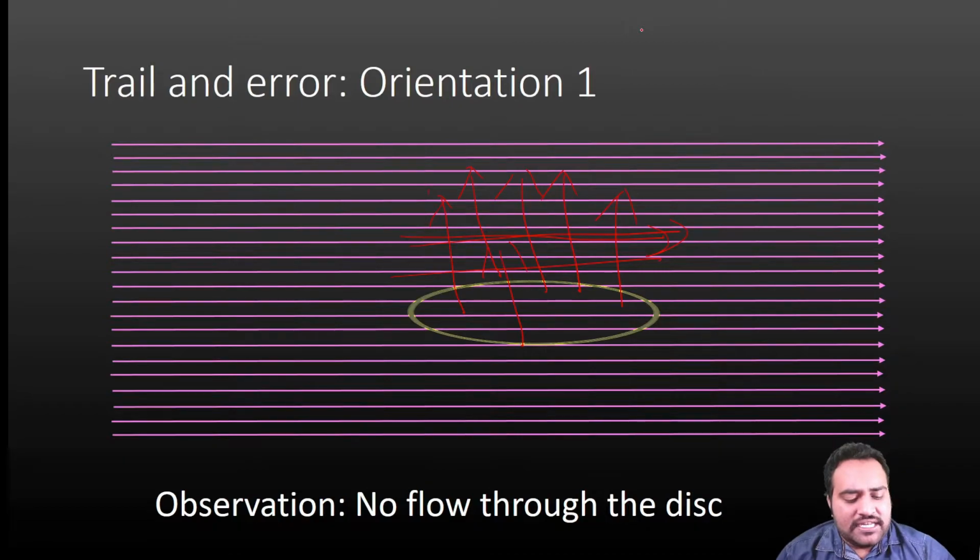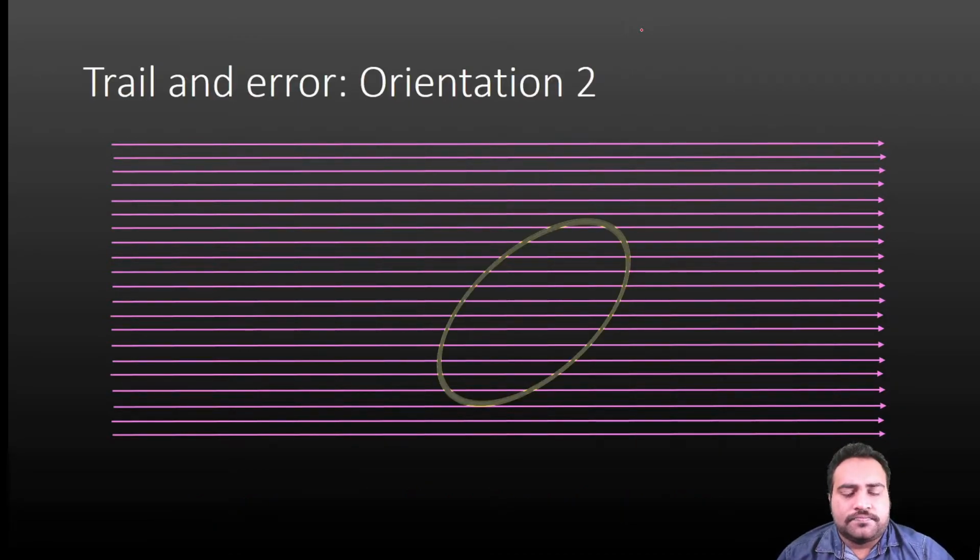Now let us look at orientation 2. Here, look at the normal direction. The normal is directed this way, and the flow is in this way. You can see the flow is improved.